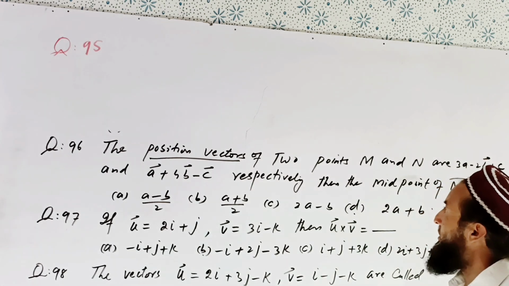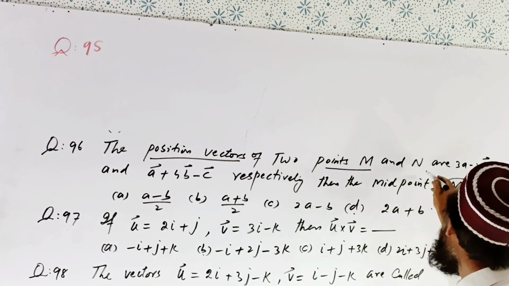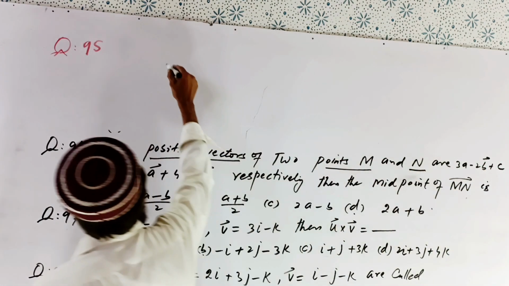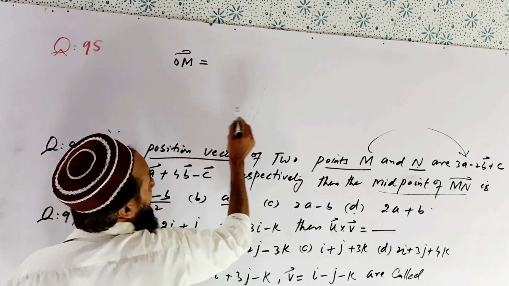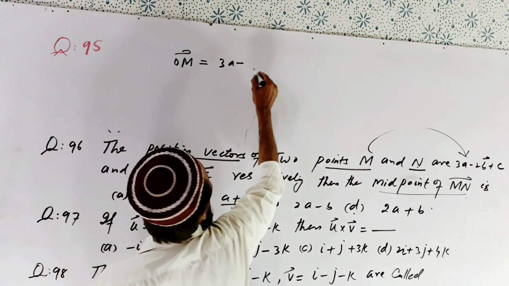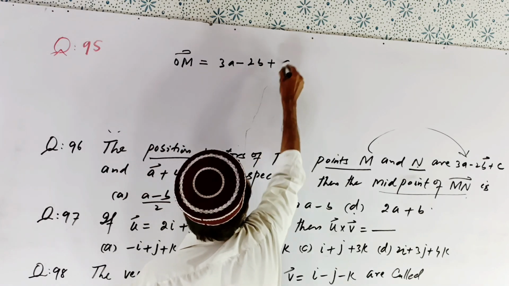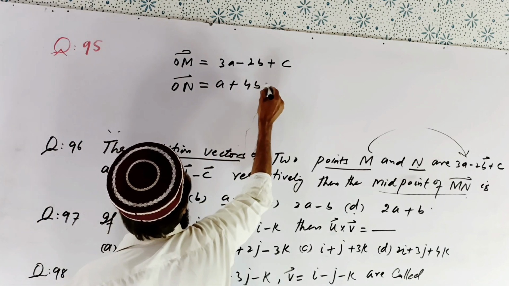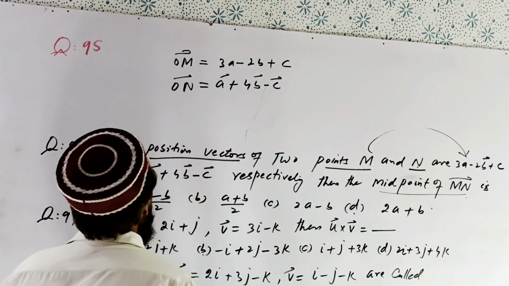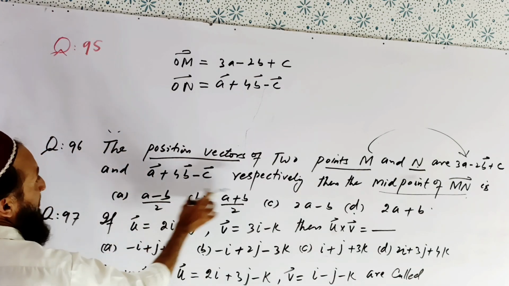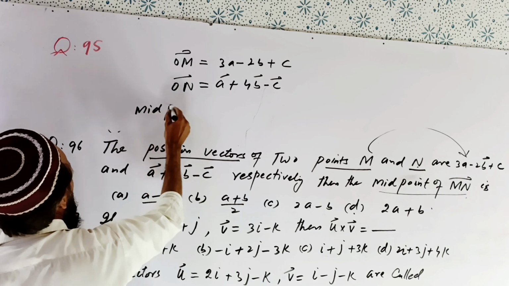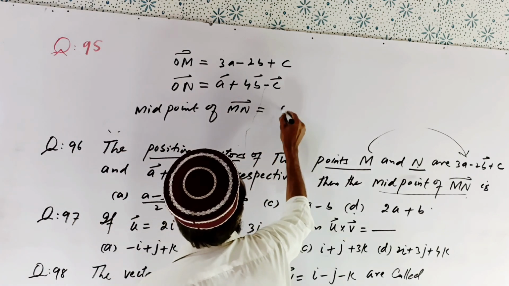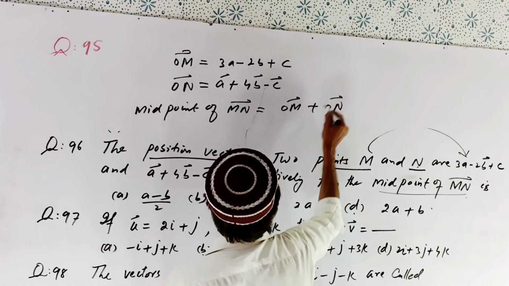Two points M and N are given. First of all, we find the midpoint of M and N. OM is given, OM is equal to 3A minus 2B plus C, and the ON position vector is also given as A plus 4B minus C. Midpoint is required, so we calculate OM plus ON divided by 2.